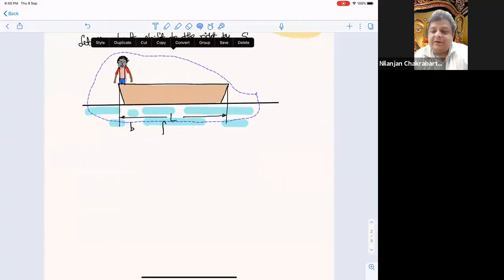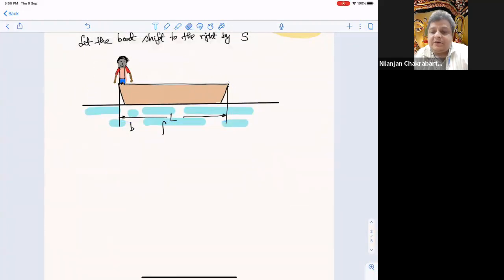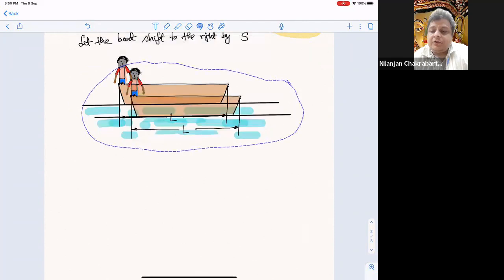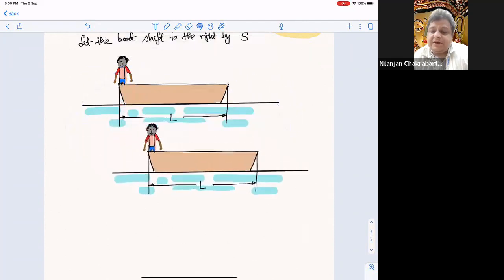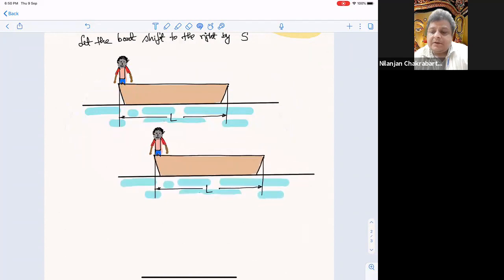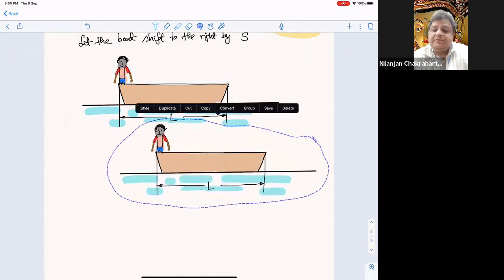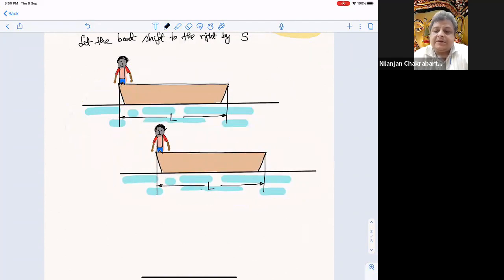There is a particular method to solve such problems. What we have assumed is that the boat shifts by s to the right. Let the boat shift by s to the right.